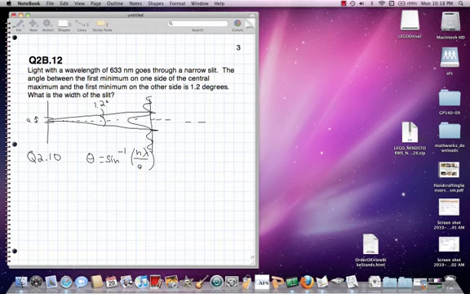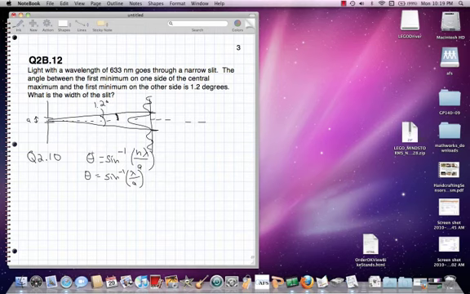I know this angle is 1.2 degrees, but the central axis up to the first minimum is n equals 1, so theta is equal to sine inverse of lambda over A. Theta is actually half of 1.2 degrees, because I'm really looking for this angle right here.